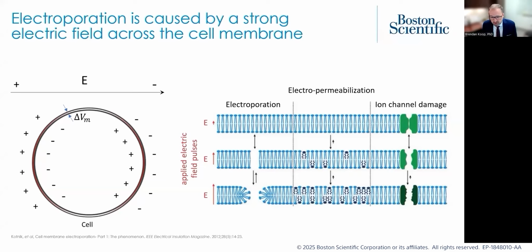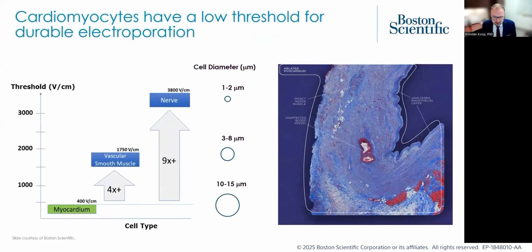And just before we move on, keep in mind that at the cellular level, the electric field has a direction. So it's not that this membrane is treated everywhere equally. It's really treated most effectively in line with the local electric field that the cell is experiencing. So the reason we can hope to preferentially treat myocardial cells is really two reasons.